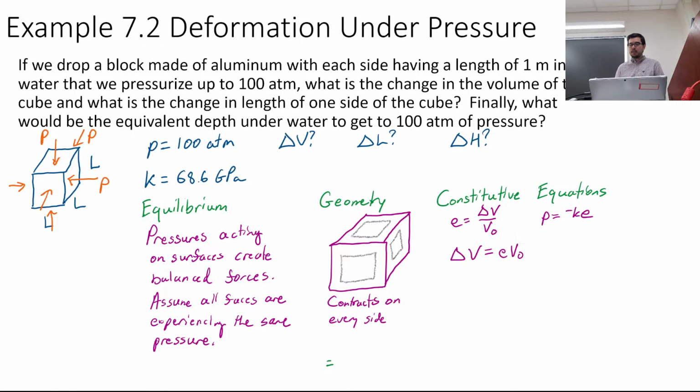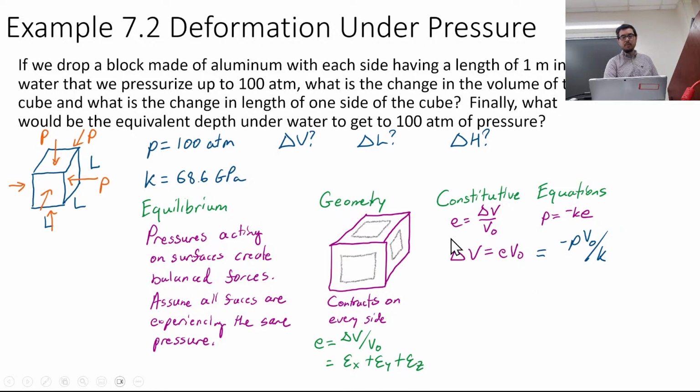So now the change in volume is just going to be rearranging this equation here. We now have our E times V naught, and using this equation for E, we get minus P V naught over K. We can say that the volumetric strain can be given by epsilon x plus epsilon y plus epsilon z.